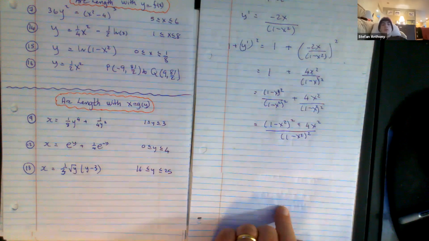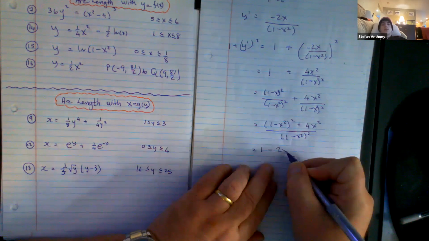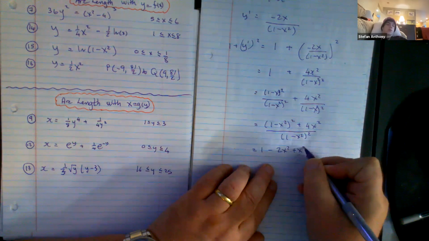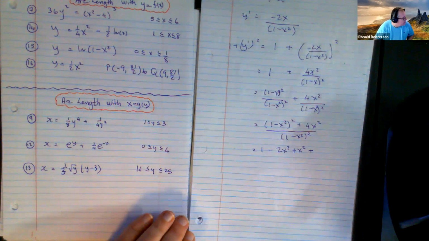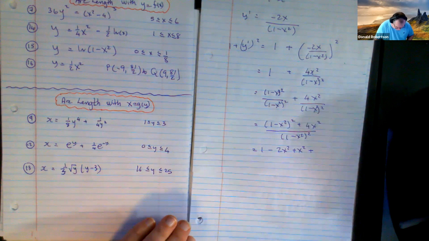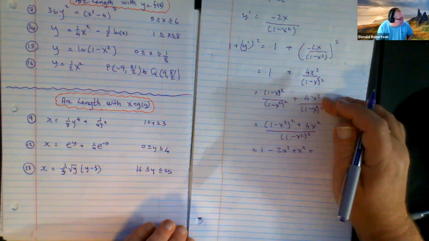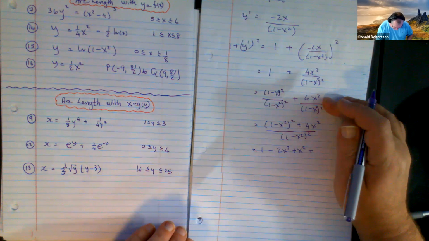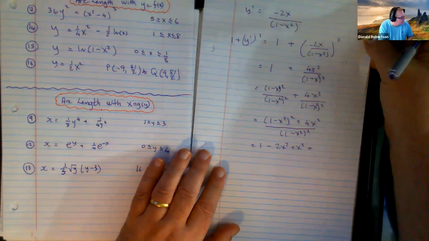Now we want to FOIL out the top and make it a neat, perfect square. That's what we would hope. That's what I want. I've missed something here. There's a 2 somewhere. Where's my 2? No, my 2's here. Excuse me while I get thoroughly confused.